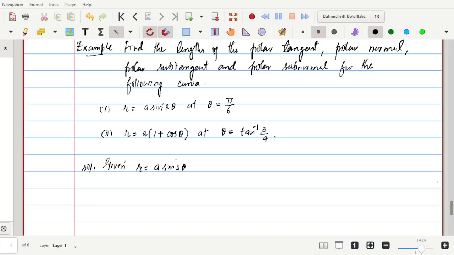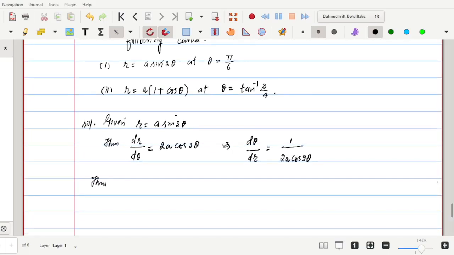Now first of all, we shall evaluate the angle between the radius vector and the tangent. So then, taking the derivative on both sides, we get dr by d theta is equal to 2a cos 2 theta. So this implies d theta by dr is equal to 1 divided by 2a cos 2 theta.